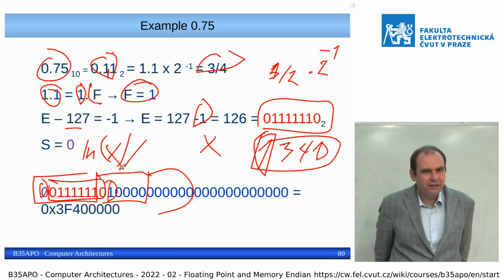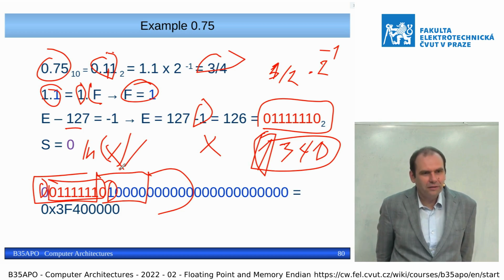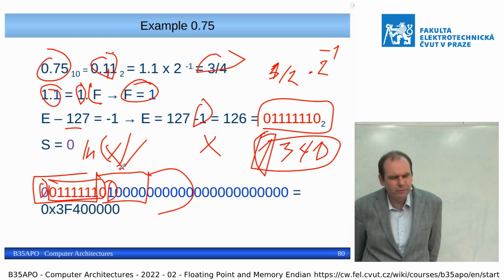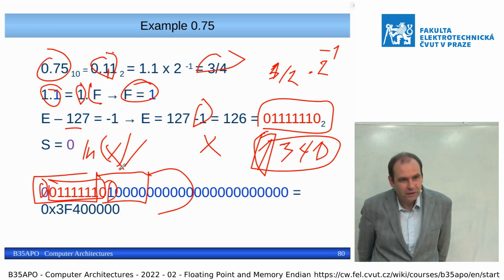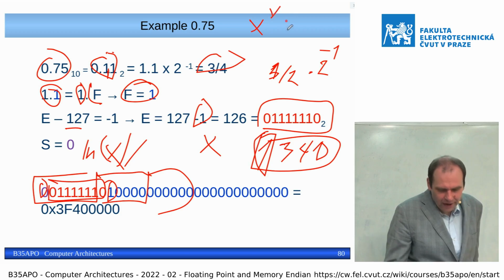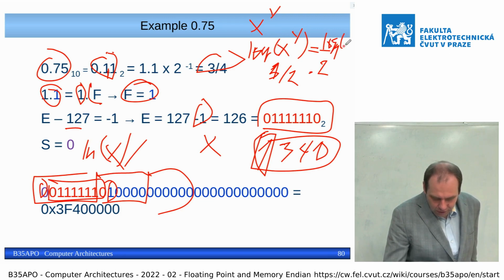The power is multiplication of the logarithms. If we have x at y and we want log of x to the y, then we can say that it is log of x multiplied by y.